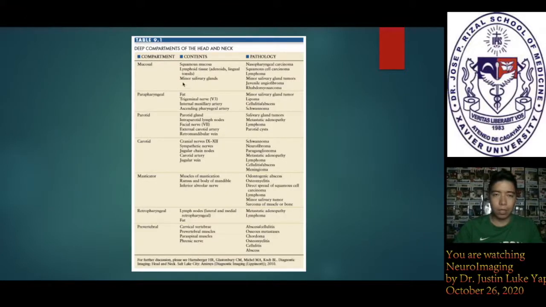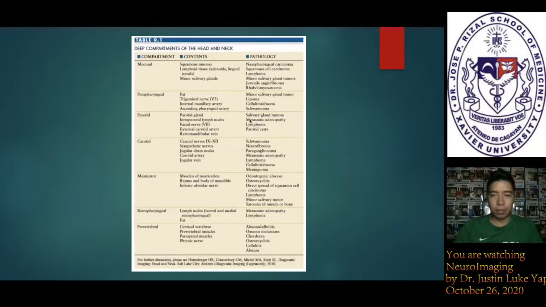So these are the spaces and their contents and what possible pathologies we might be dealing with. So the parapharyngeal space is basically fat containing. As I mentioned, for example, if we note that the parapharyngeal space is deviated medially, we're looking at some of the parotid pathologies.